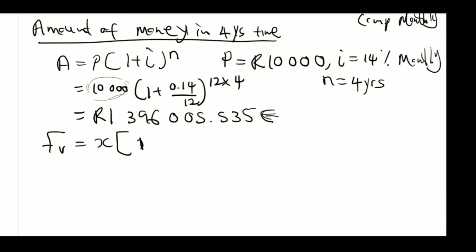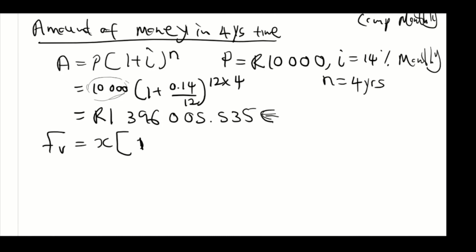The reason why we're using this formula now is because we want to know the future value of money in the account as we are making these withdrawals of 10,000 rand, right?